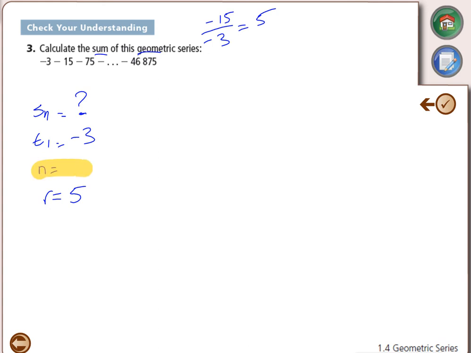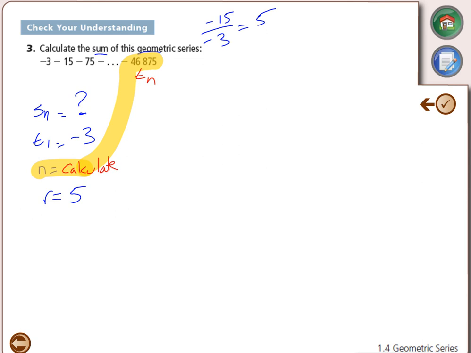But wait. I don't know how many places I have. Nowhere did they tell me what the n value is. I do know that this is the last term, Tn. So we're going to have to go back to the last section there in 1.3 and say, I need to calculate the n value.